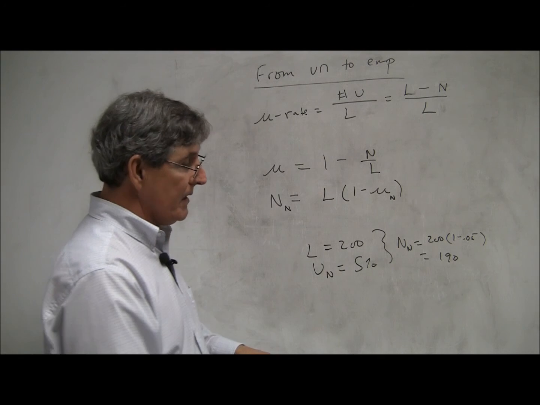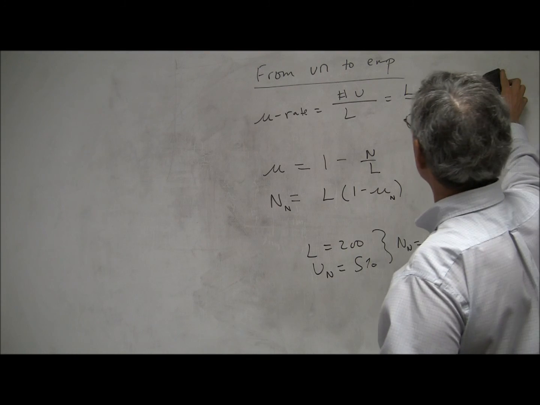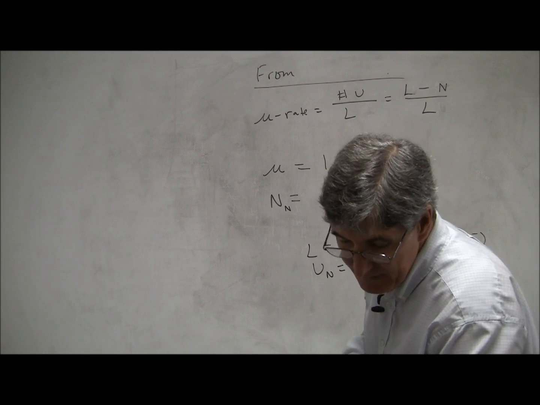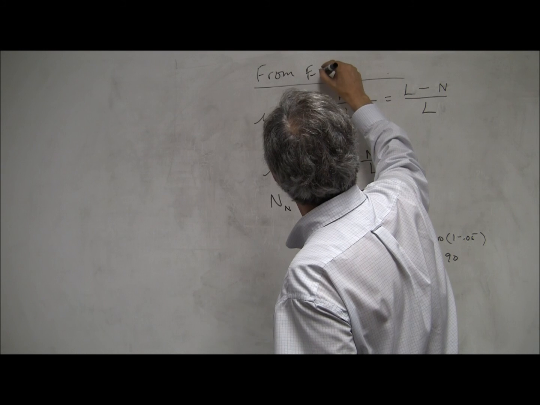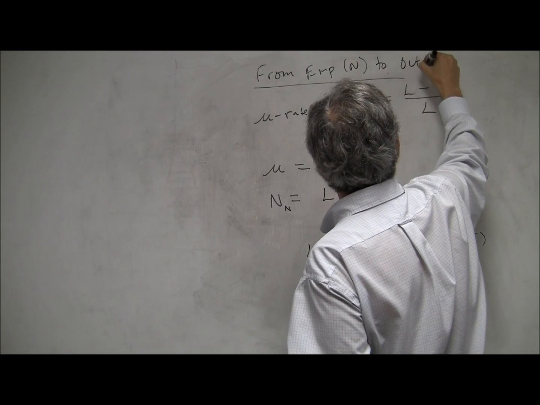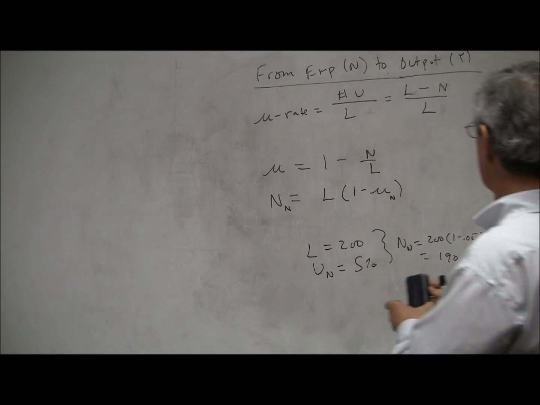Now, what we really want to do is write this in terms of output because it's going to be really useful in the next chapter. So now let's go from employment, N, to output, Y. Why? I'm going to tell you.